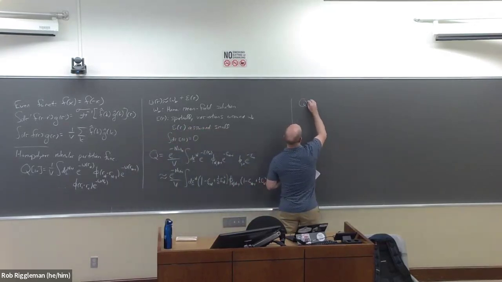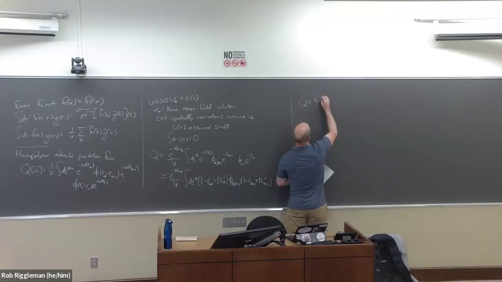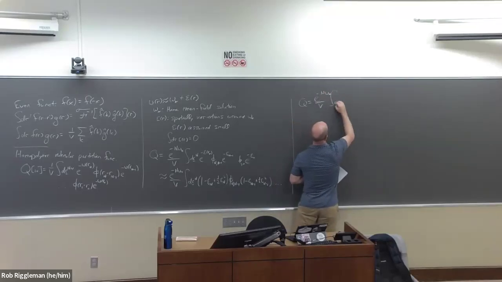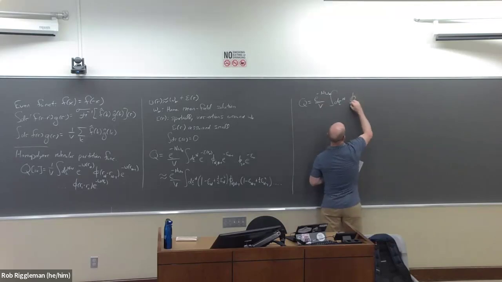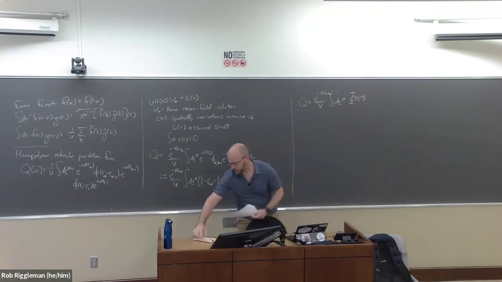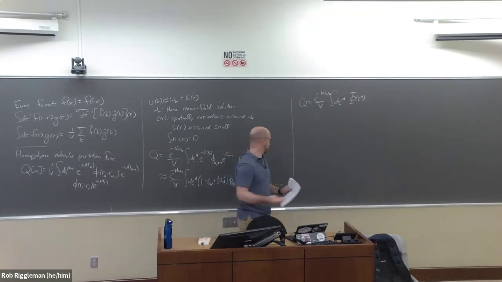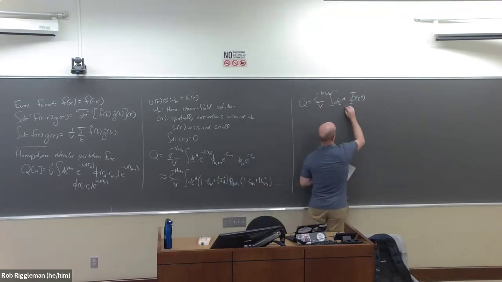And so what we get, again, we have the same prefactor over V, integral dr^n. And I'm going to abbreviate some notation here. This capital phi, just so I don't have to keep writing it over and over again, I'm going to say that this is d^(n-1).